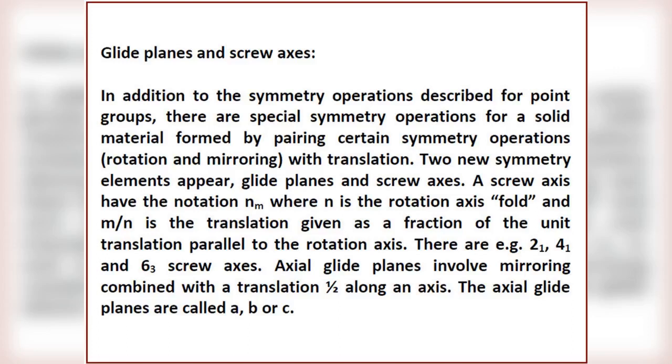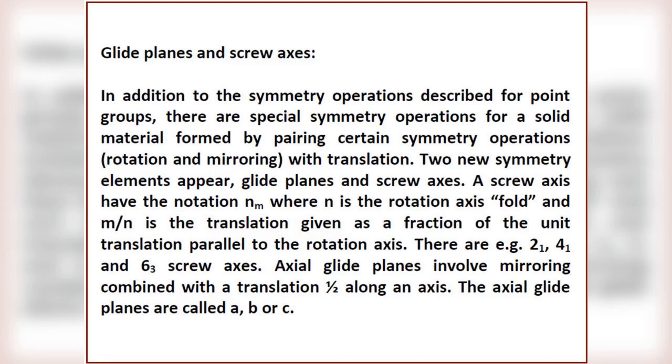It is formed by a rotation and mirroring followed by translation. A screw axis appears as a rotation followed by translation. Similarly, a glide plane is obtained when mirroring is followed by translation. Examples of screw axes are 2-1, 4-1 and 6-3.